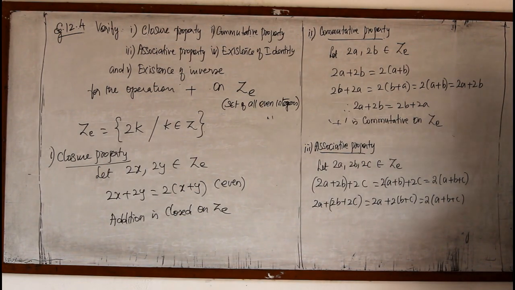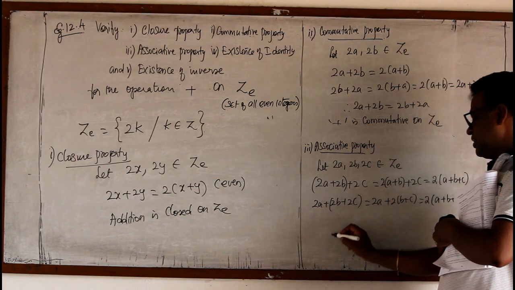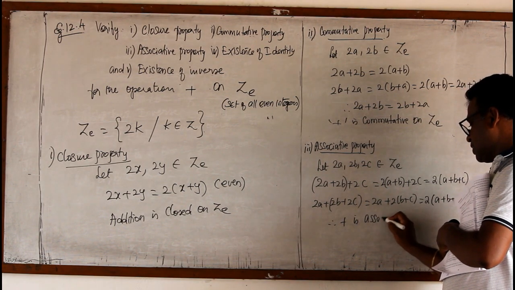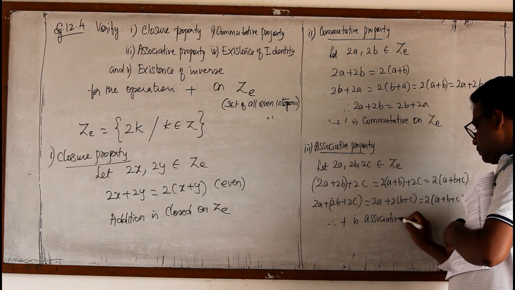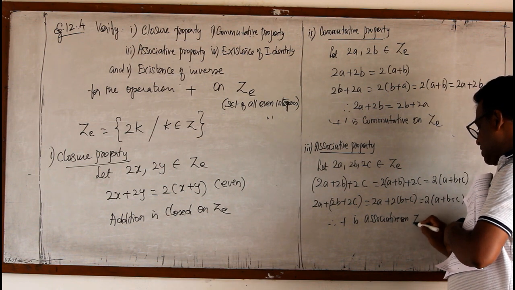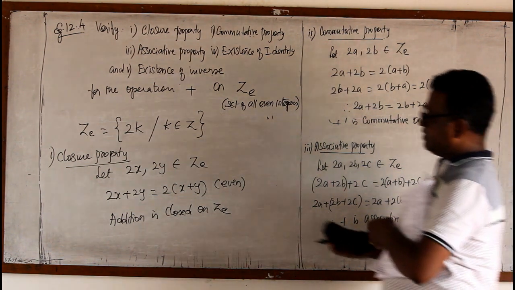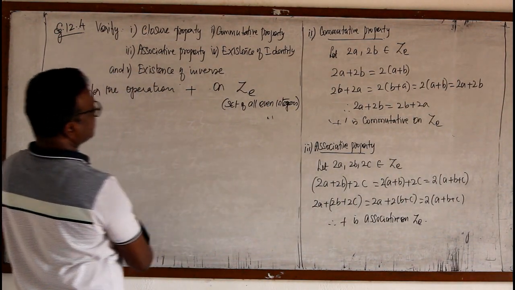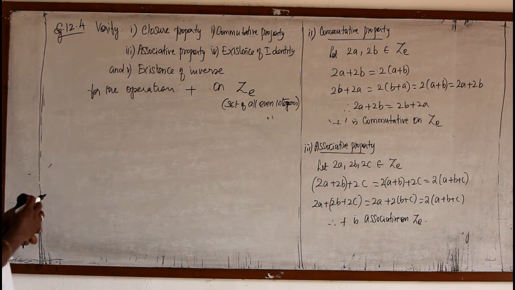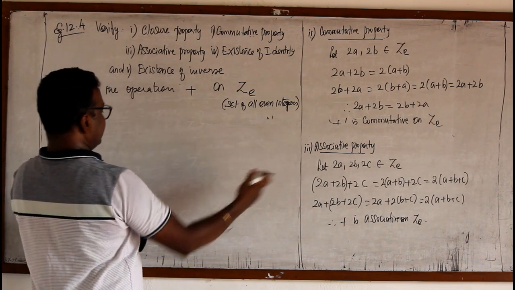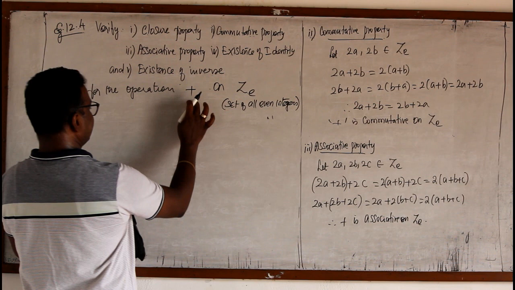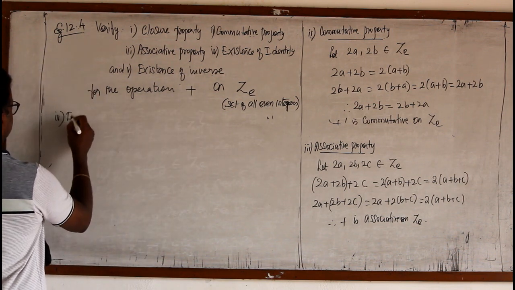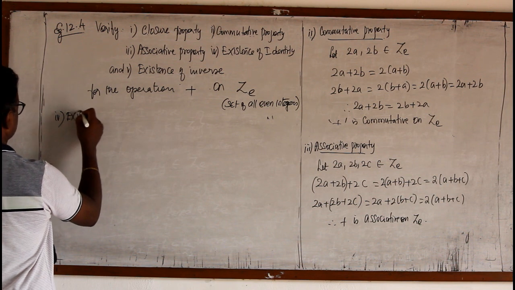See, both are equal. Therefore, addition is associative on the set of all even integers. So we proved it is closed, it is commutative, and also the even integers obey the associative property with respect to the binary operation plus. Now we shall go for the next one, existence of identity.